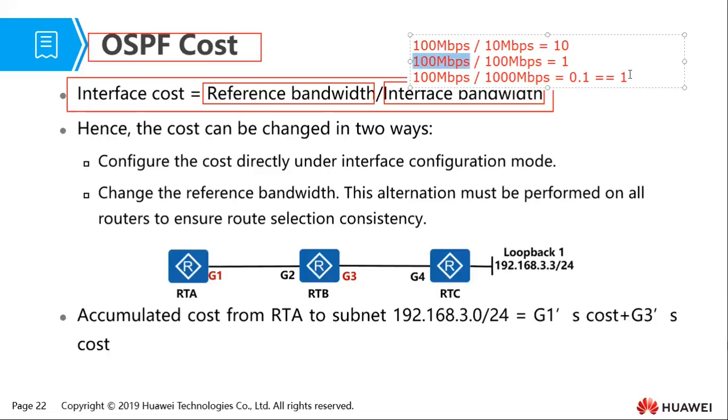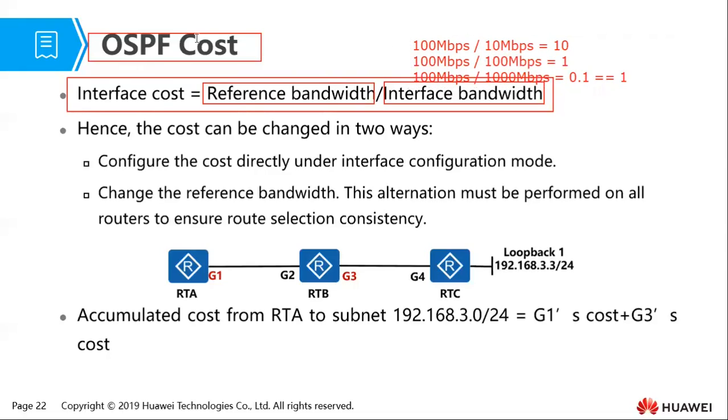The reason this was the default is because when they came up with this formula, the maximum speed for any interface was 100 Mbps. But now we have interfaces that can do 1 gig, 10 gig, even 40 gig. So you can always configure and change in your router the default reference bandwidth, so that this does not give you 1 and also this one gives you 1. It means they have the same cost, which is not true. This interface is faster than this one.